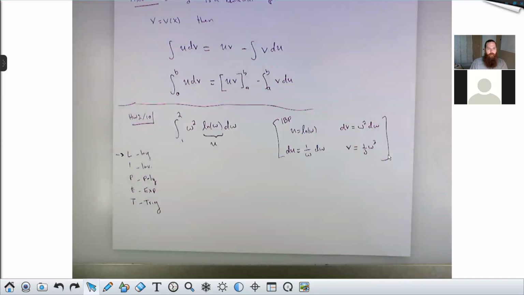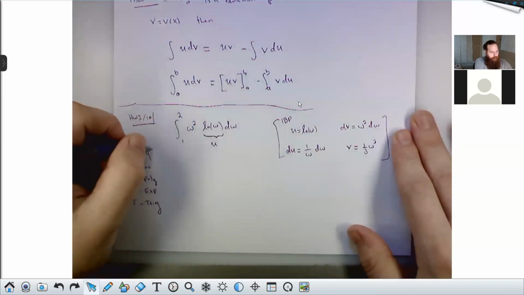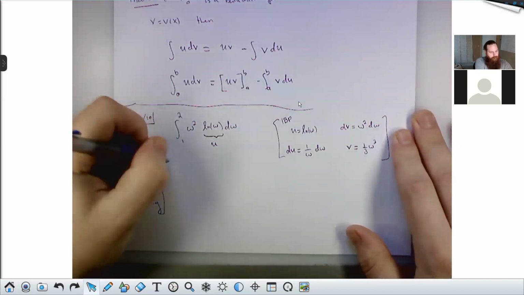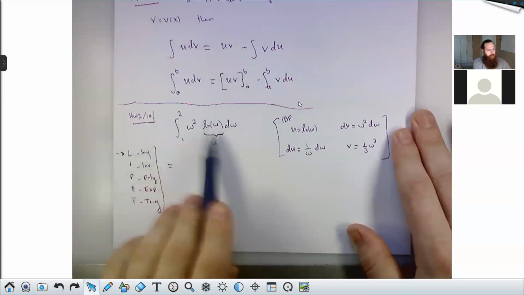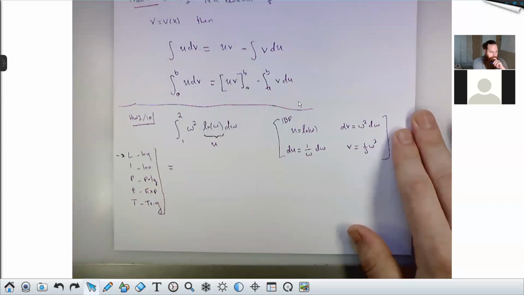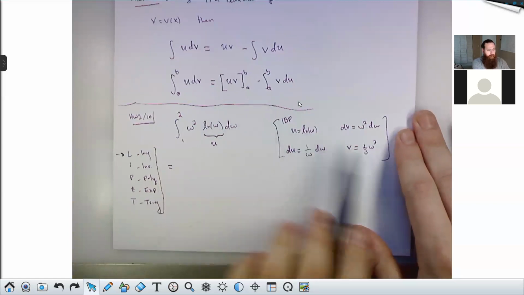Just like with the substitutions, I like to put it in a box, get it out of my normal workflow. And because this is a definite integral, the version of the IBP formula I'm going to use is this one. So we'll tuck this off to the side too. Okay. So the integral from a to b of u times dv should be u times v.